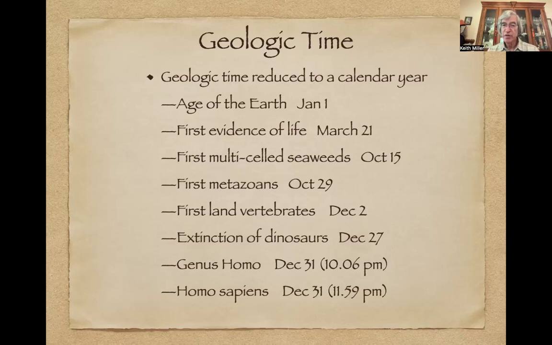Our genus, December 31st, the last day of the calendar year, at 10:06 p.m. And finally, our own species, December 31st at 11:59, 1 minute before the end of the year. And that puts our lifetime and recent Earth history in perspective.